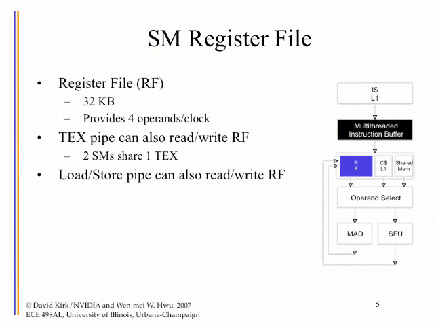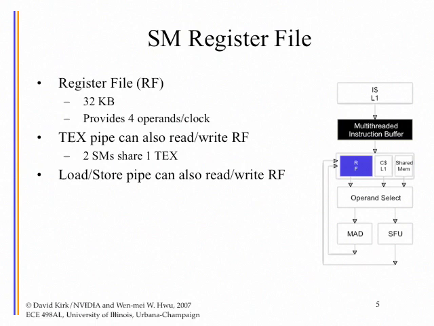In general, that's not because you need to do that on a cross-access basis. Oftentimes it's because you ended up running fewer threads, but each thread needed more registers. So that's why you're going to have to reach into another SP's register file. The text pipe can also read-write the register file.